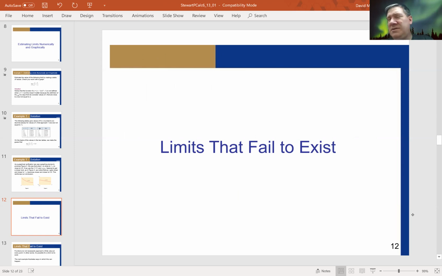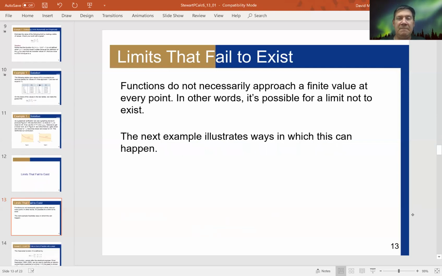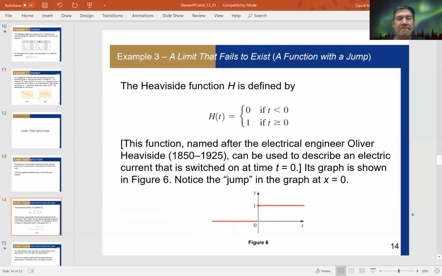Yeah, just to mess with you. Not every function is going to have a limit for every value, okay? And they pick this somewhat historical example here.